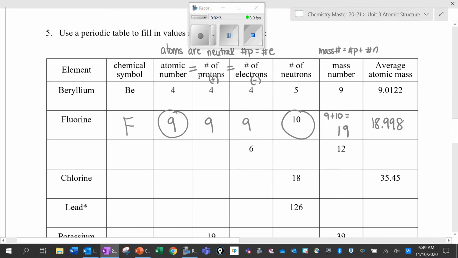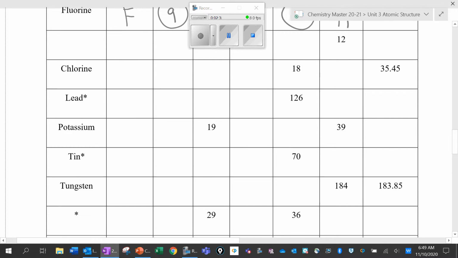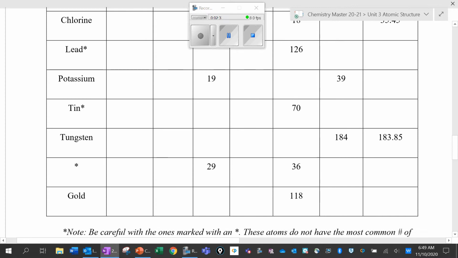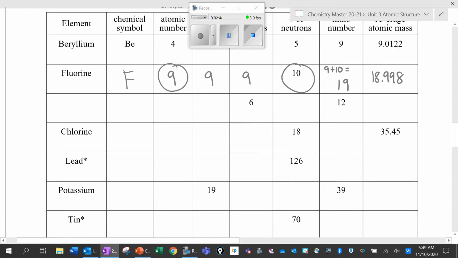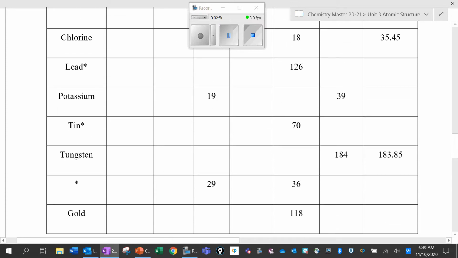Let's do one where we don't know what the element is. Let's scroll down here and take a look at this one. What we know about this substance is that it has 29 protons. So we can look at our periodic table and say if it's got 29 protons, it must have an atomic number of 29.